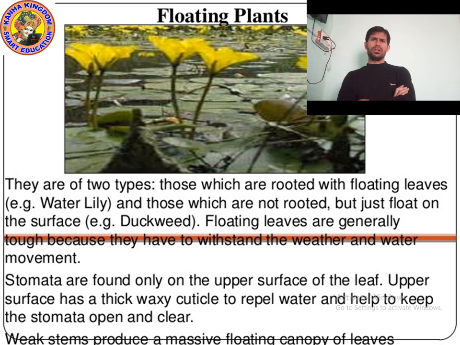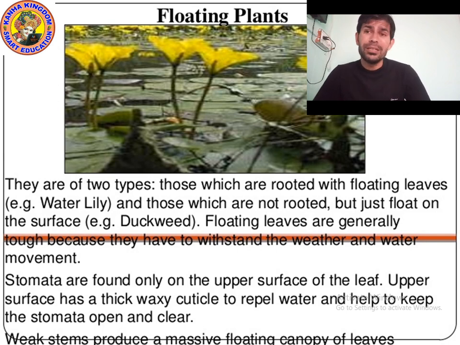There are two types: those which are rooted with floating leaves, and second, those which are not rooted. So we can divide floating plants into two categories: rooted with floating leaves, and not rooted, which just float on the surface.